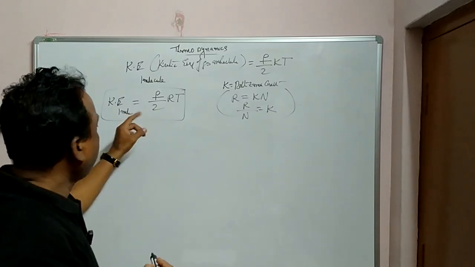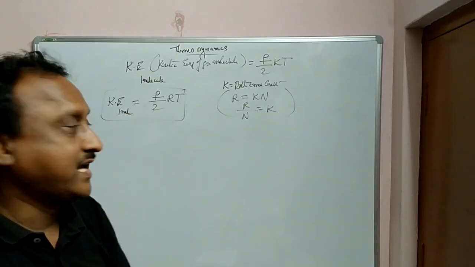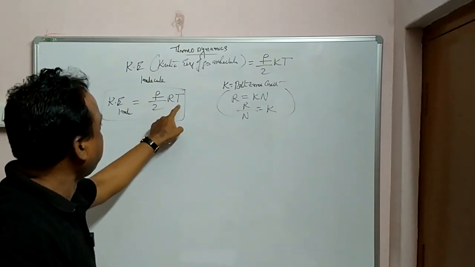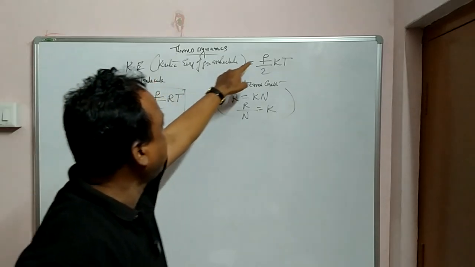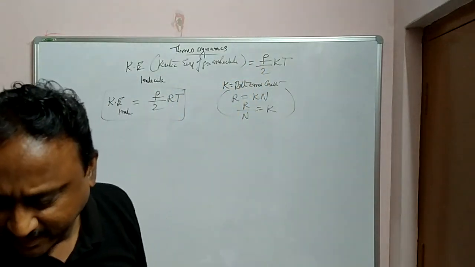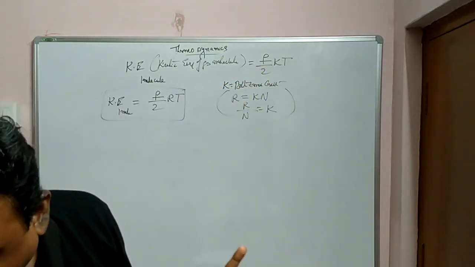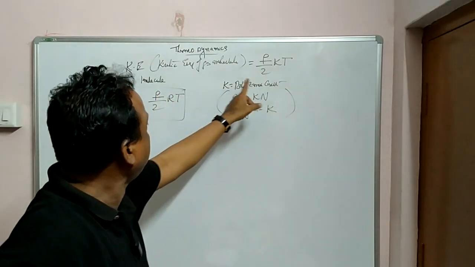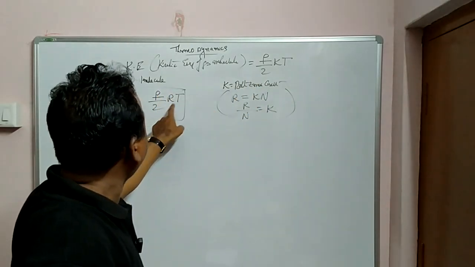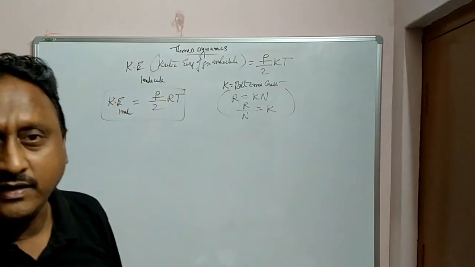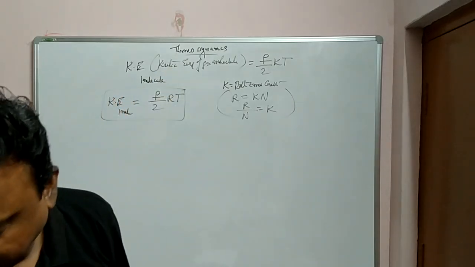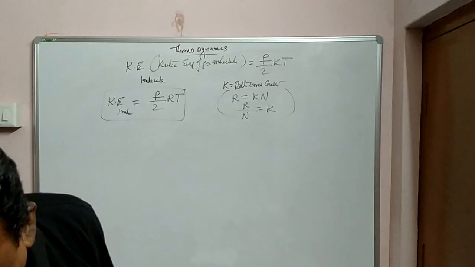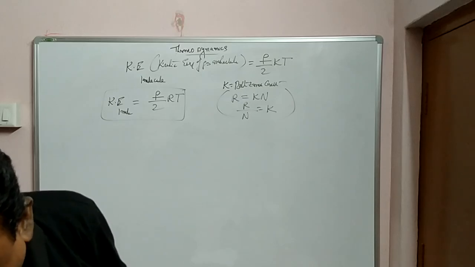So the kinetic energy of the gas for one mole is F by 2 into RT. For one molecule it is F by 2 KT. Please note down, these formulas are very, very important. Now let us see further.